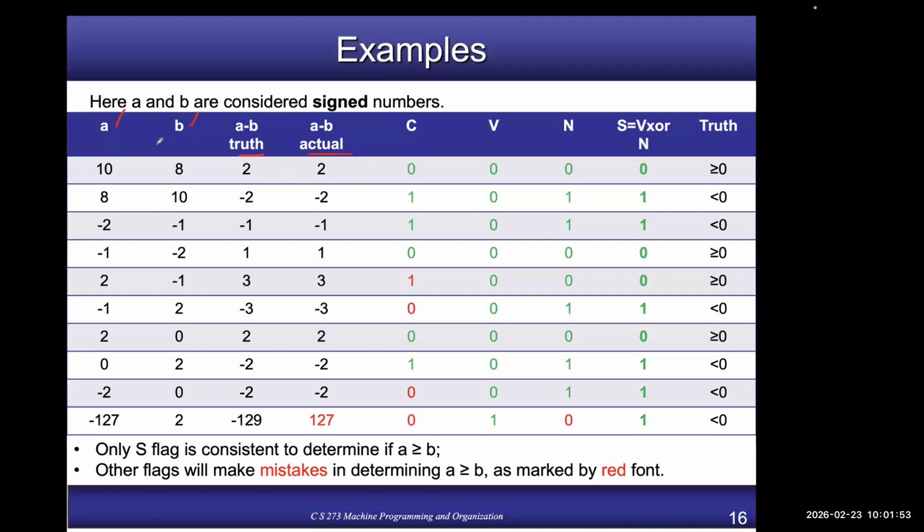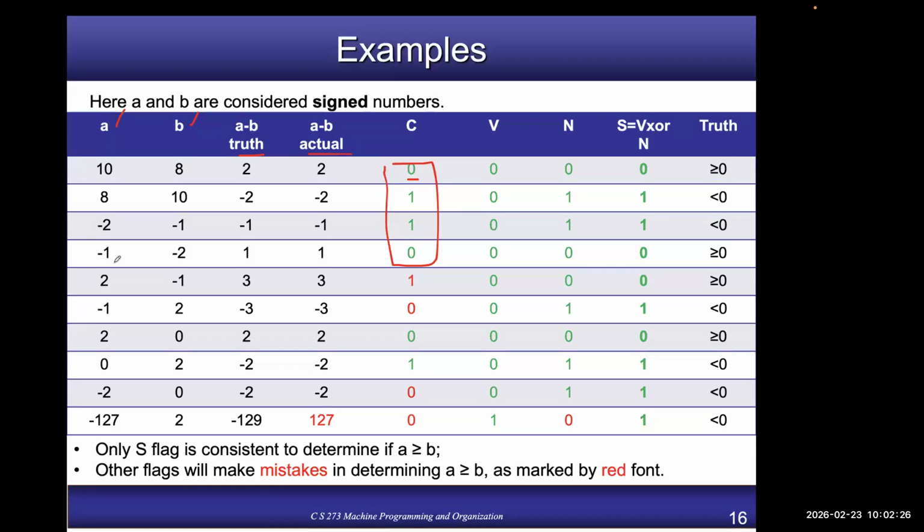So if A is equal to 10, B is equal to 2, and you perform A minus B, the carry flag will be equal to 0, which, if you remember, is telling us that A is greater than or equal to B. So in this case we can trust it. In these green examples, we can trust that C is giving us the correct information, right?